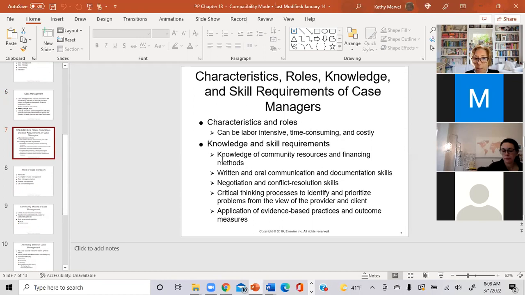In the community, we need to have knowledge of community resources and financing, right? You need good written and oral communication and documentation skills. You must be able to negotiate with other stakeholders in the client's care, and use critical thinking. You need knowledge of evidence-based practice in that area of whatever clients you're working with.